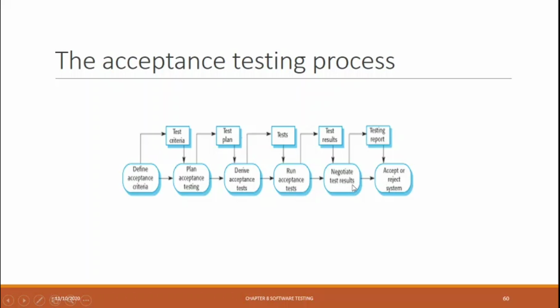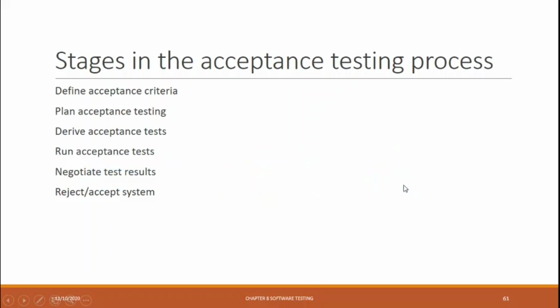And then negotiate test results, then accept or reject the system. So the stages in acceptance testing are define acceptance criteria, plan acceptance testing, derive acceptance tests, run acceptance tests, negotiate the test results, and reject or accept the system.